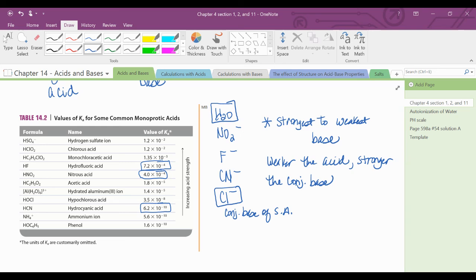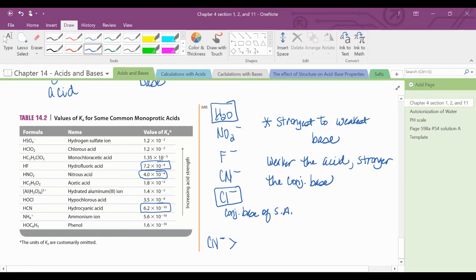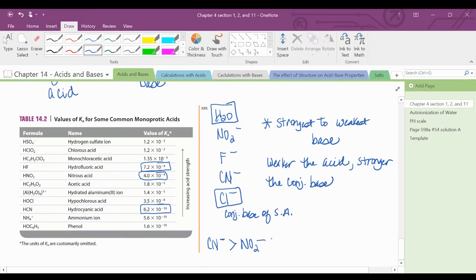Okay, so if what I said is true, the weaker the acid, the stronger the conjugate base, we want to start with this list of Ka values. And the weakest acid on this list is HCN. So that tells me that the strongest conjugate base would be the cyanide ion. The next on the list is HNO2, so the nitrite ion. And then the next at the top of that list is HF, which would be the fluoride ion.